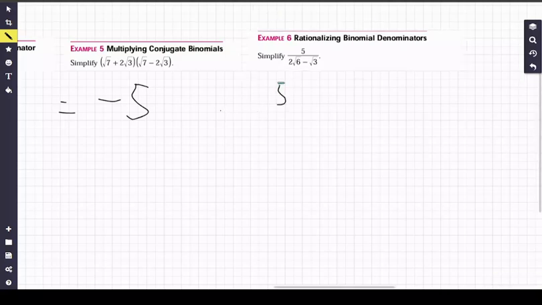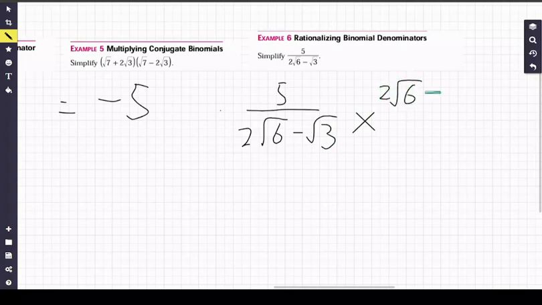So 5 over 2 root 6 minus root 3 multiplied by 2 root 6 plus root 3 over 2 root 6 plus root 3.